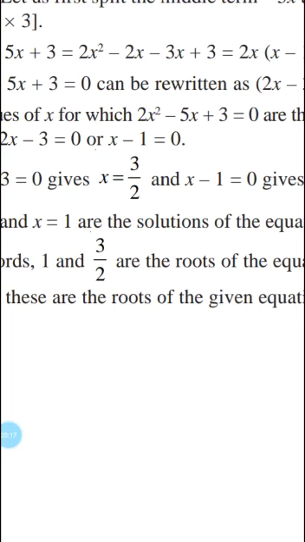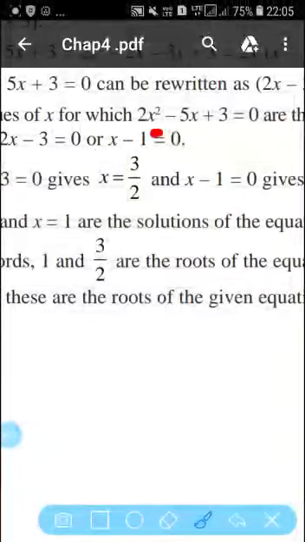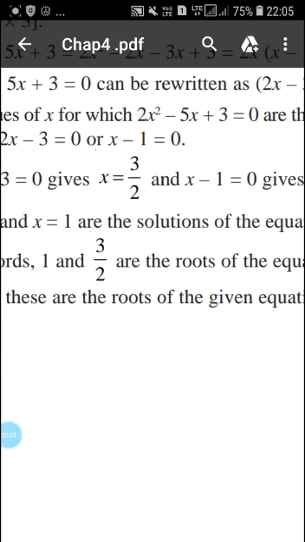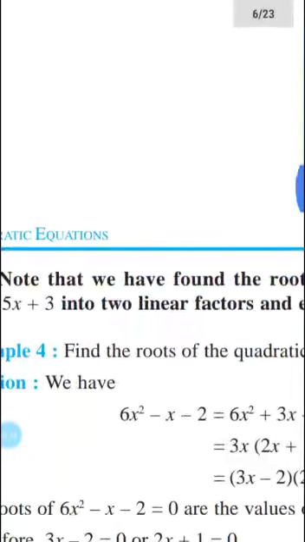So we can say that these are also the roots of the quadratic equation. So we have found the roots of 2x square minus 5x plus 3 is equal to 0 by factorizing into two linear factors and equating each factor to 0. Is that okay?